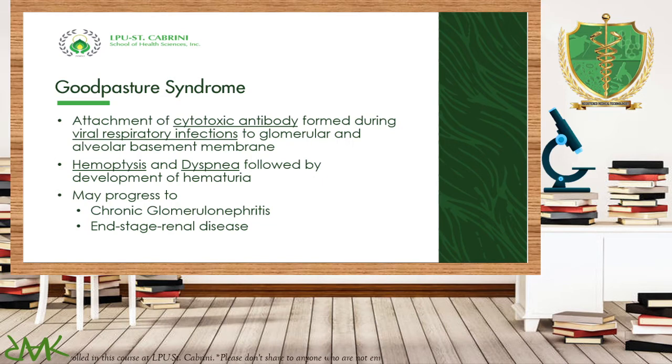A while ago, in post-streptococcal glomerulonephritis, there is a deposition of immune complexes because of bacterial infection. In Goodpasture syndrome, there is a deposition of immune complexes because of the cytotoxic antibody because of viral infections.